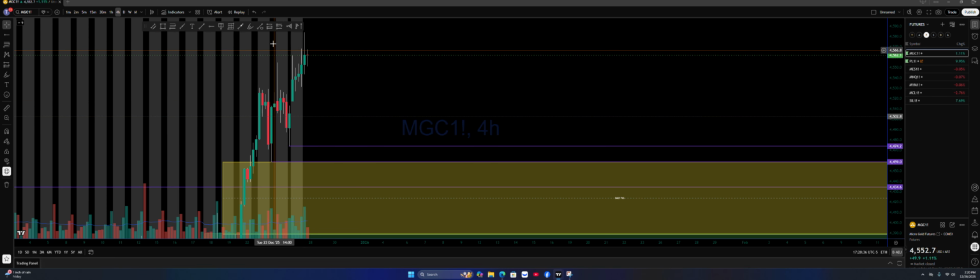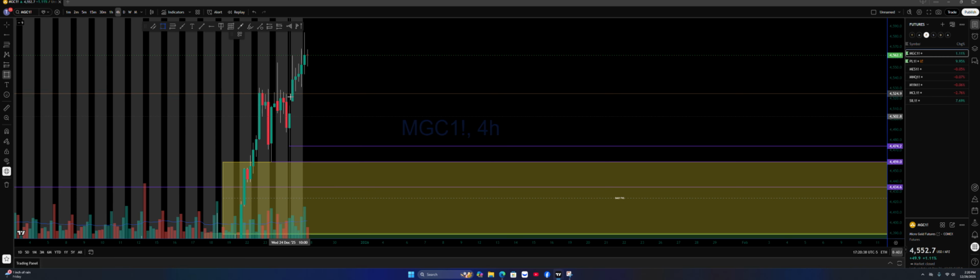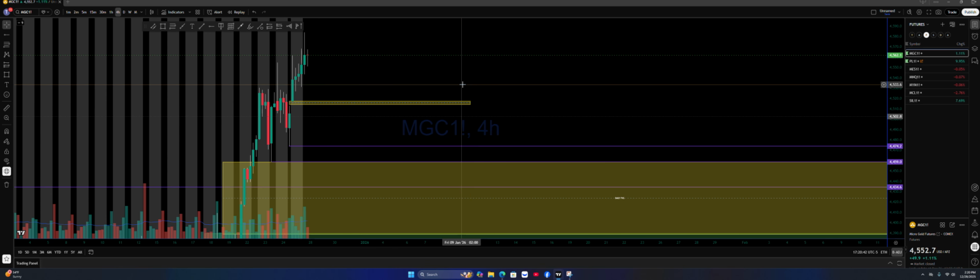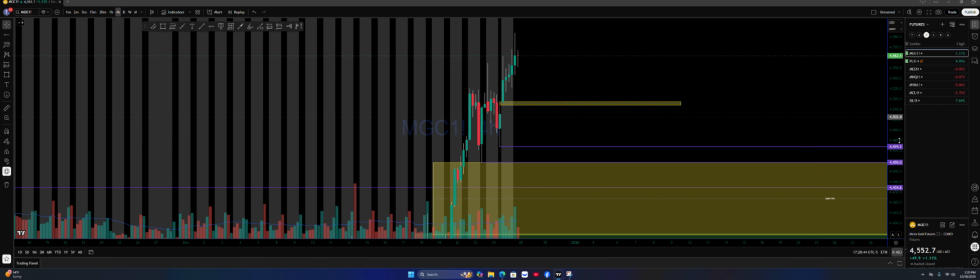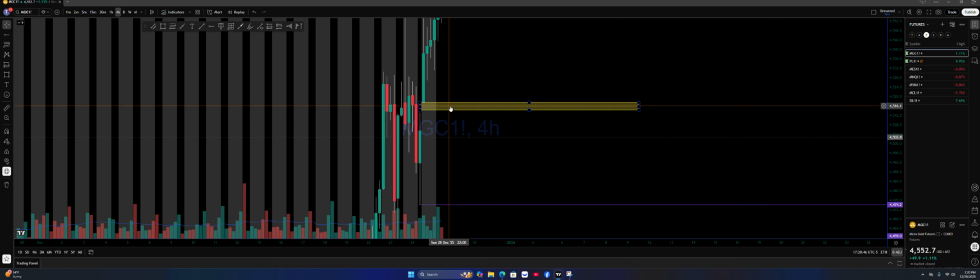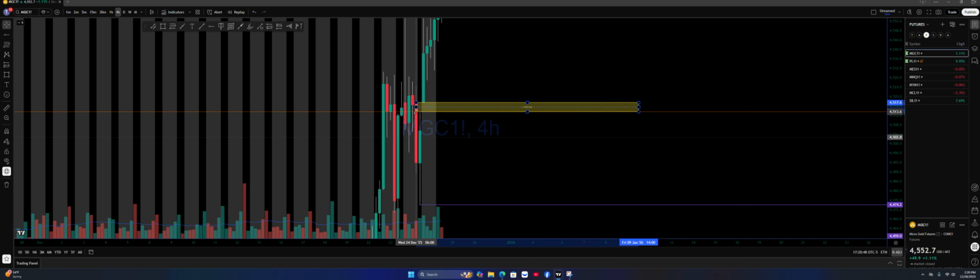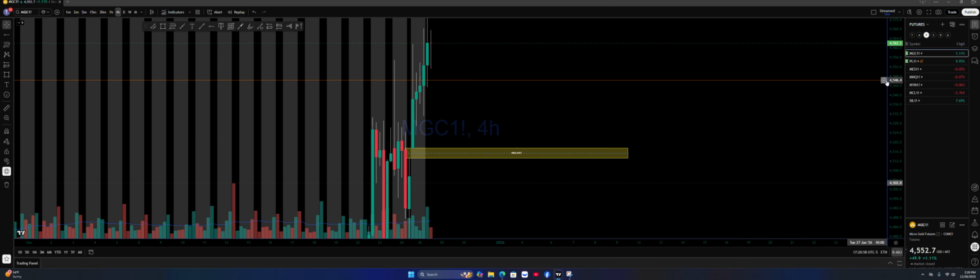It's an imbalance right here. Basically, a price imbalance is when there's a gap between the candles. Like there's no overlap in price here. So I will be watching this as well. I'm literally just looking for where is price going to either sweep or find support.